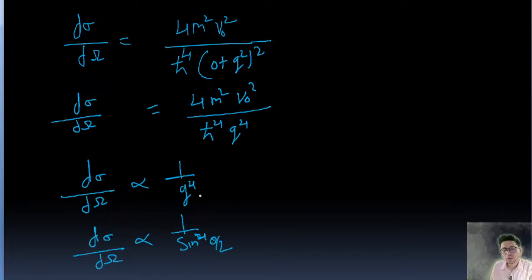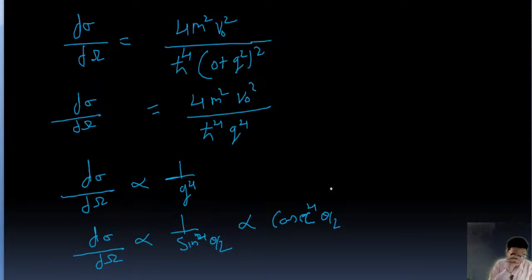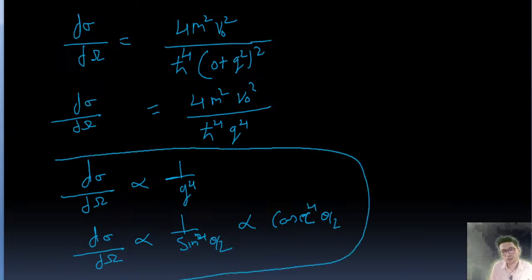right? Because we know q is proportional to sin(θ/2). Or we can write proportional to cosec⁴(θ/2). Okay, for Coulombic potential, this is the answer, guys, the value of dσ/dΩ.